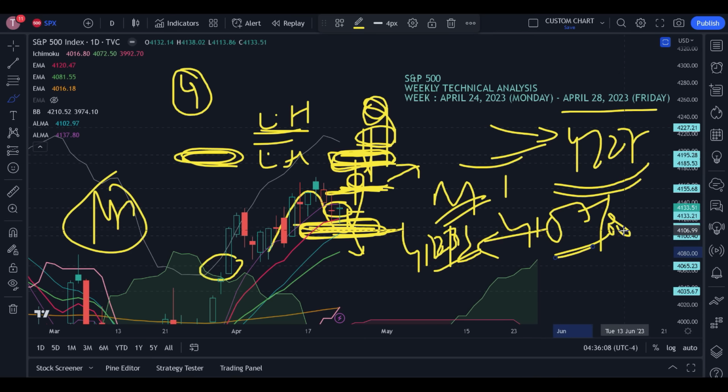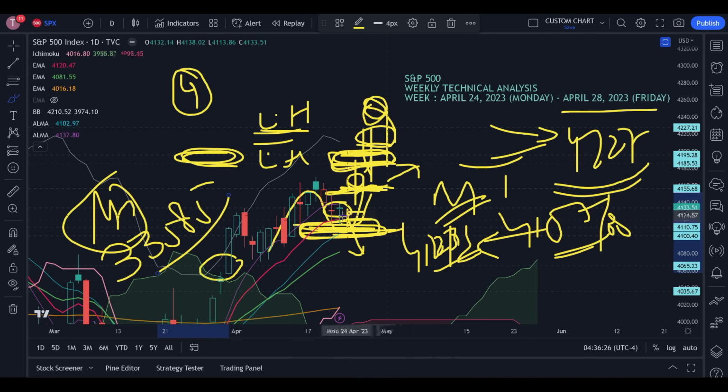To be very specific, 4107 or 08. And then it will see a retrace. Once again, as long as the S&P 500 is holding above 4100 and 4110, it will remain in the short term bull trend, provided that the Dow Jones is also holding above 33585. Clear? Okay, now it will see a retrace.